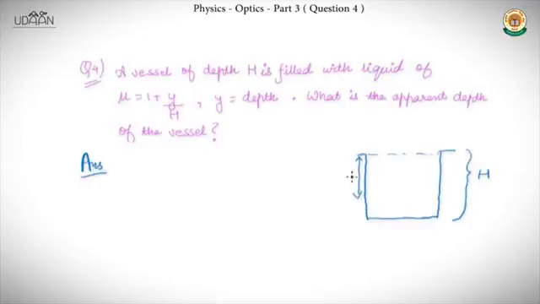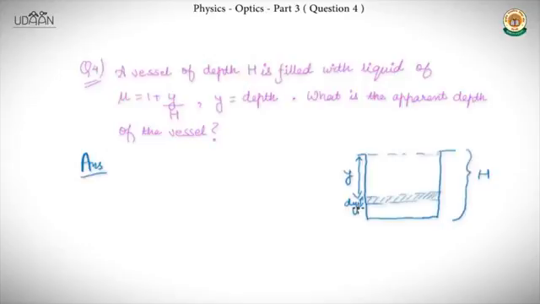which is at depth y, and this is the width. Let's say it's dy. Now, as the refractive index is varying, integral calculus will be involved. Okay, Jay, can you draw the diagram explaining how integral calculus comes in?